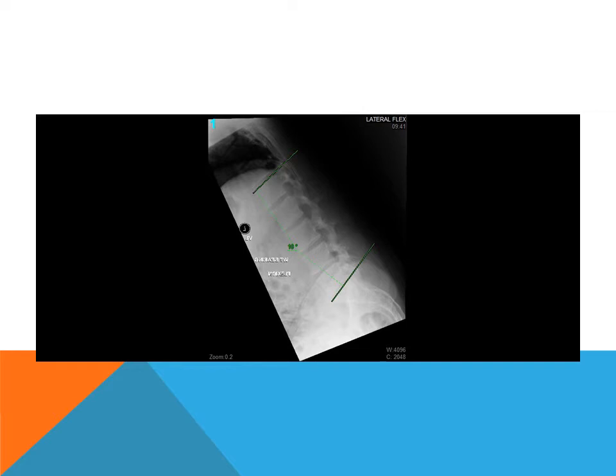Now recall that when we started on the neutral lateral film, the lumbar lordosis was minus 60 degrees. So now in moving this injured worker into full lumbar spine flexion, the lumbar lordosis reduces to minus 10 degrees, a change of minus 60 minus minus 10, which is 50 degrees.